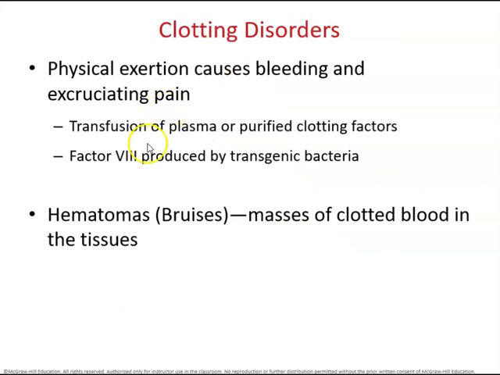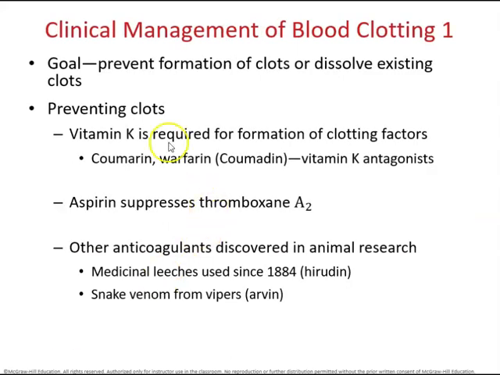Physical exertion and hematomas can also cause clotting disorders. To prevent clotting disorders, vitamin K is an essential vitamin that helps with the coagulation process. Aspirin and other anticoagulants are used to help with blood clotting disorders.